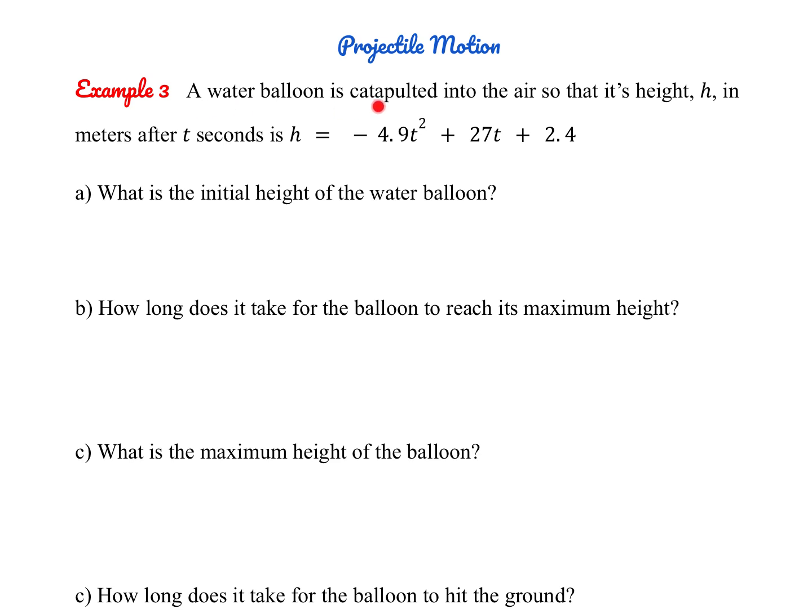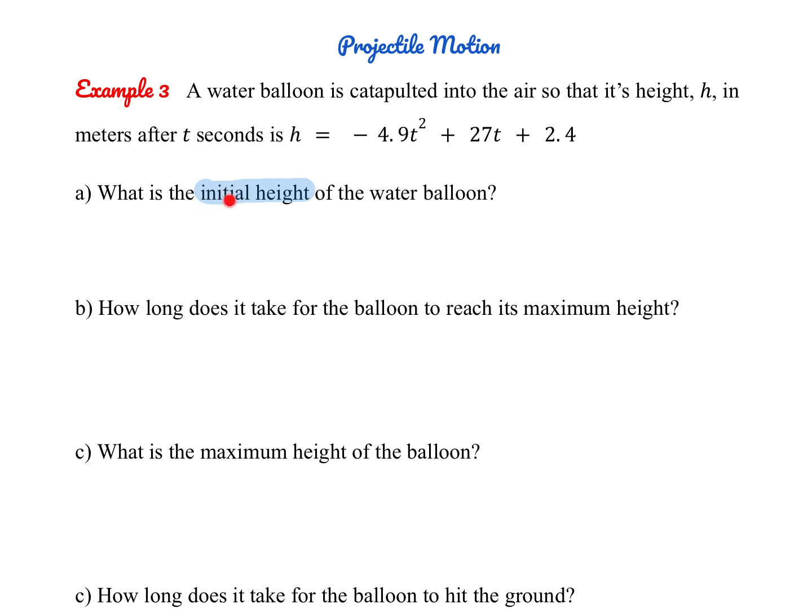A water balloon is catapulted into the air so that its height, h, in meters, after t seconds is h equals negative 4.9t squared plus 27t plus 2.4. So the first thing they're asking us to find is the initial height of the water balloon. So this is a really common thing that you'll be asked to find.